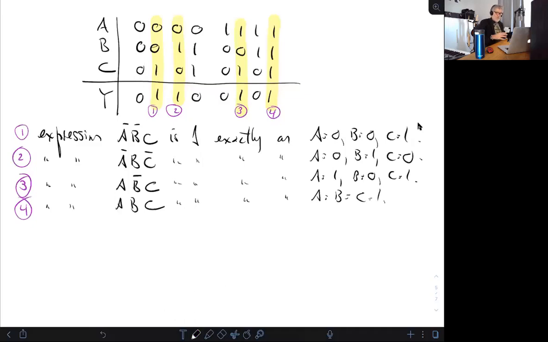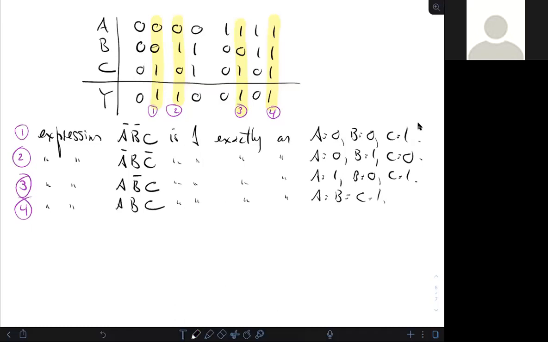Okay, so I've got these expressions that if you plug in the desired column, either the first, second, third, or fourth, you will get 1 and nothing else. Okay, it will never light up to 1 other than on that particular triple. So now what is Y? It'll light up as 1 if either you get the values in column 1 or the values in column 2 or the values in column 3 or the values in column 4.